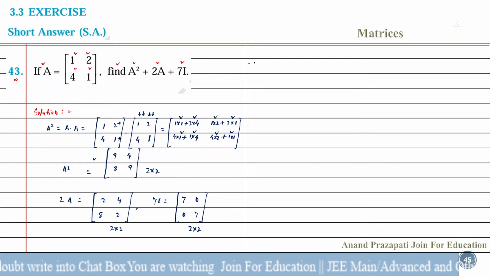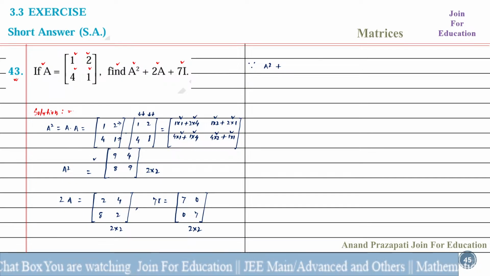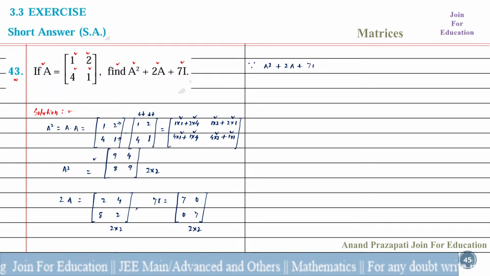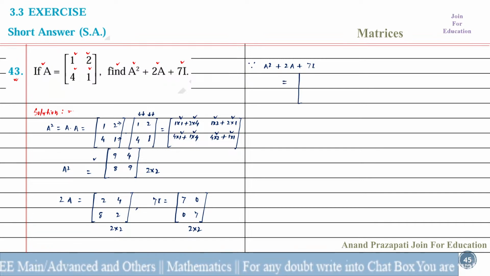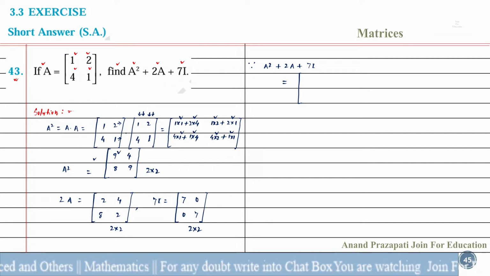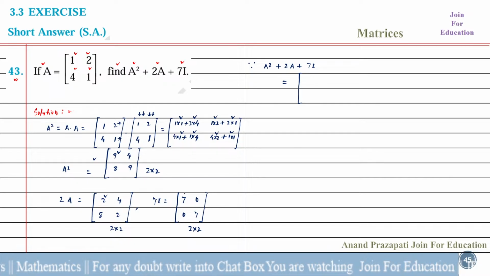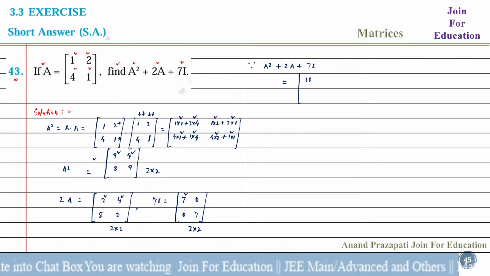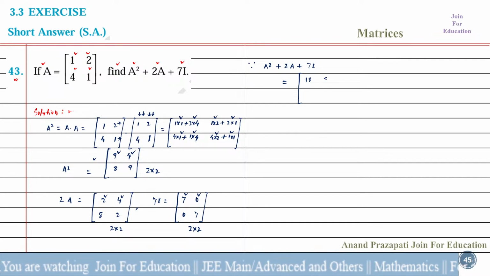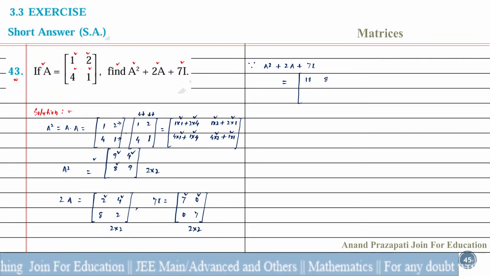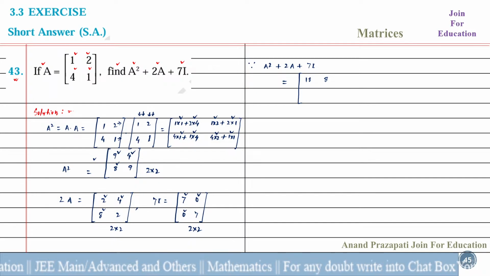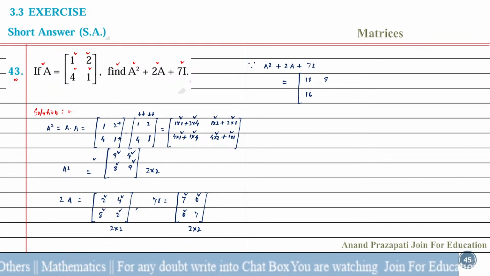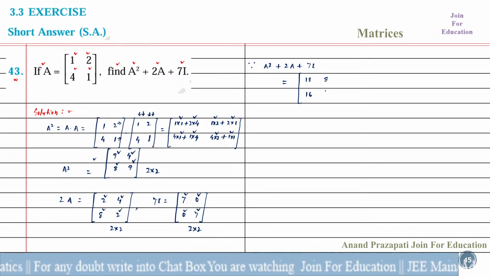Therefore, A square plus 2A plus 7I equal to, we add the corresponding elements: 9 plus 2 is 11, 11 plus 7 is 18, and 4 plus 4 is 8 plus 0, so we write down here 8. 8 plus 8 equal to 16 plus 0, so we write down here 16. 9 plus 2 is 11, 11 plus 7 equal to 18.